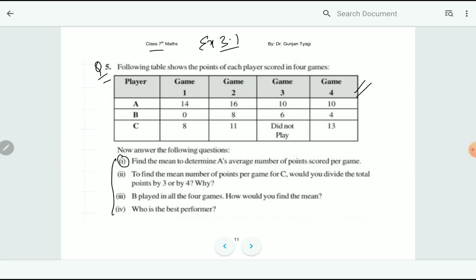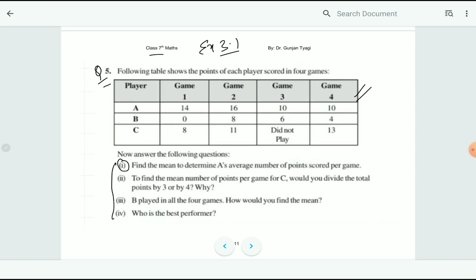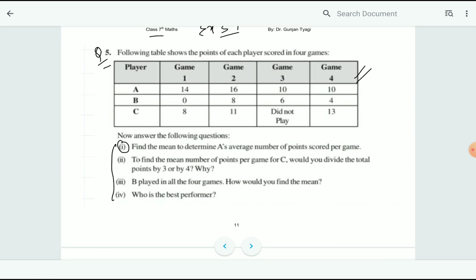First, find the mean to determine A's average number of points scored per game.